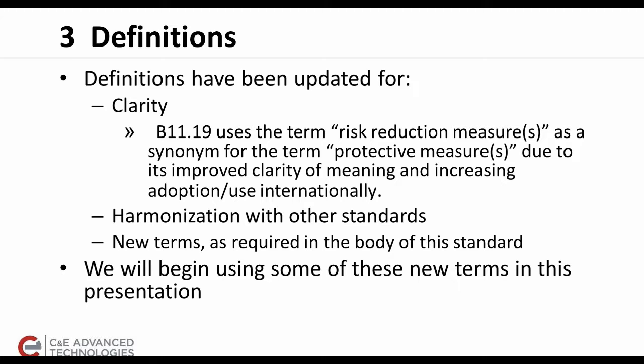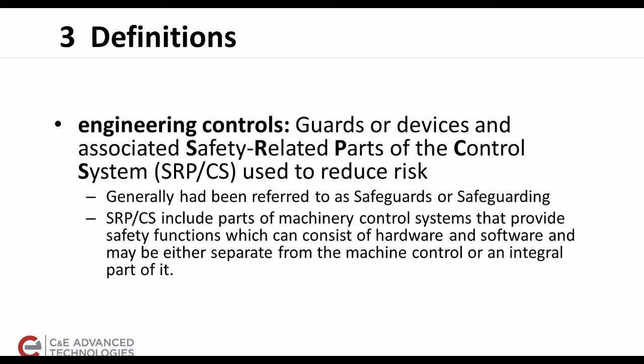As you all know, it's difficult to teach an old guy new tricks, so you will see me retroact and use some of the older terms as well. Generally speaking, in the standard, when we introduce a new term, we include in the definition parenthetically the old term that used to have the same meaning.